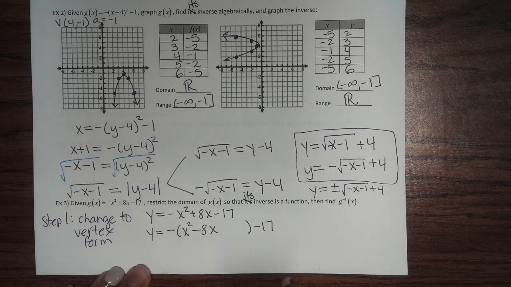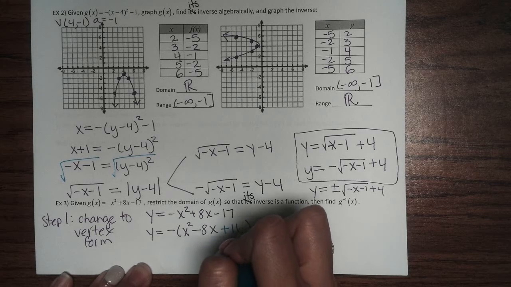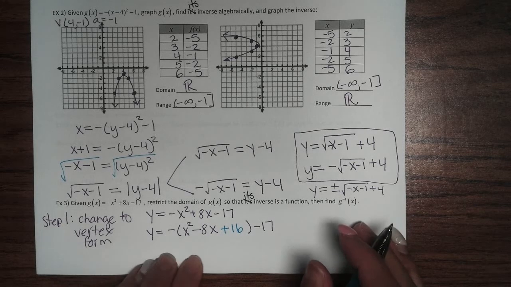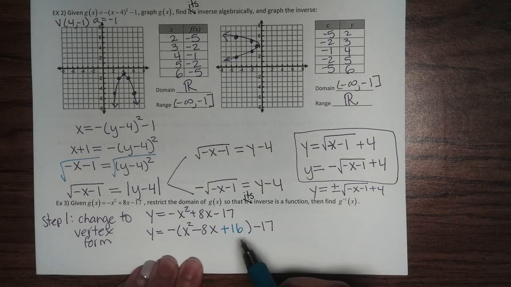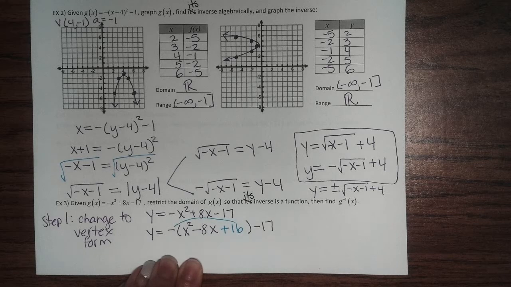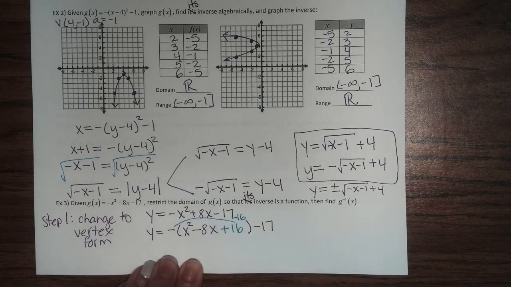And now I complete the square. 8 divided by 2 is 4. 4 squared is 16. So plus 16. When you complete the square, you have to undo what you just did. So it looks like I added 16, but I didn't because there was a negative in front of my parentheses. So technically, I actually did a minus 16.